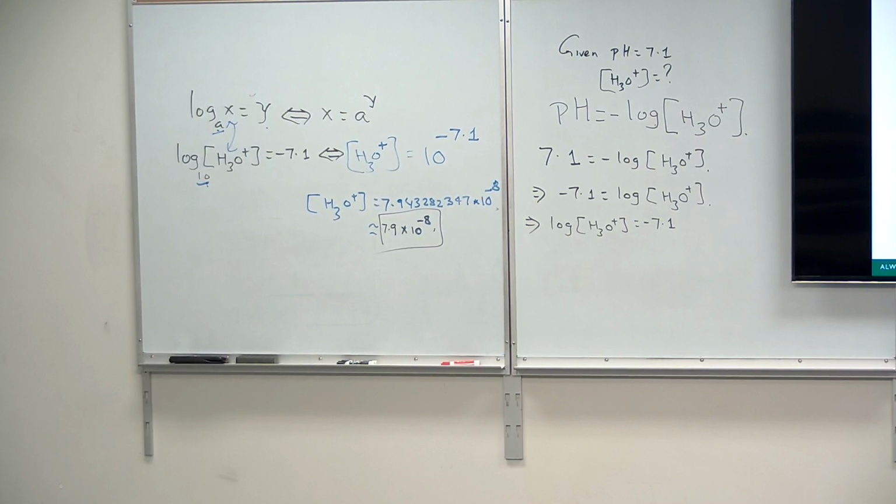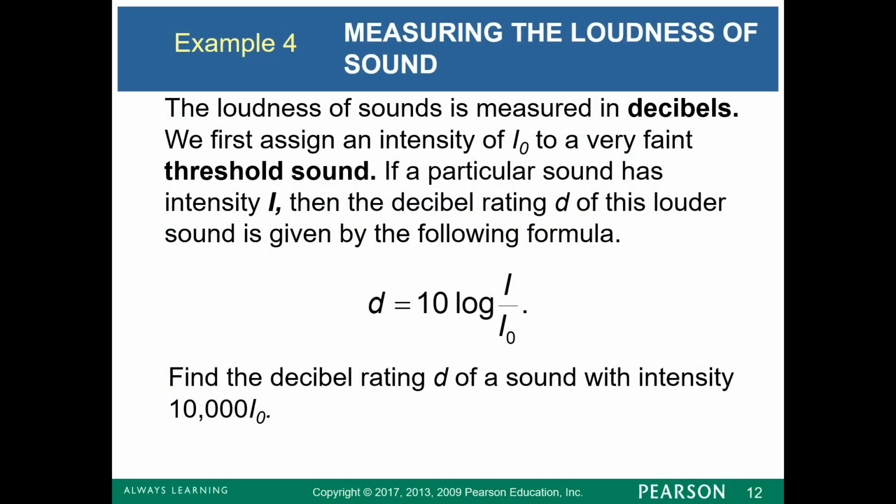So you just need to find the decibel rating D of a sound with intensity 10,000 times I sub 0. So you just simply use the given formula to evaluate the decibel. Okay?